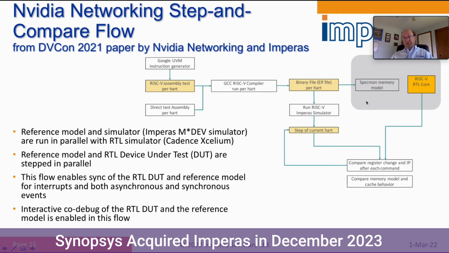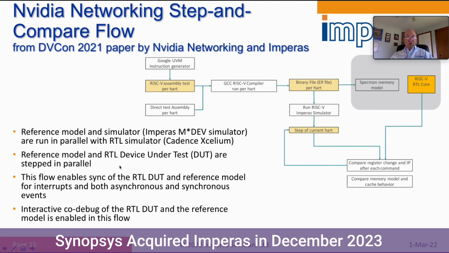Here, actually, they've got SpecMan running here, and so the test environment was SpecMan, and actually everything was encapsulated there using a C interface to the Imperas model. They've got the RTL running here. Comparison was done, and actually, again, this is an asynchronous flow, so at any failure, they're able to stop the simulation and go and do debug. So this was Imperas simulator, Cadence Xcelium for the simulator.